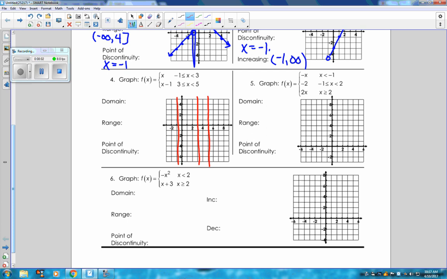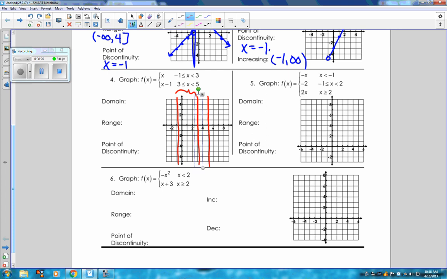So anytime that x is greater than -1, so that's going to be on this side of my line, but less than 3, which means it's going to be this interval right here. It's just going to be that number. So at -1, it's going to be -1.